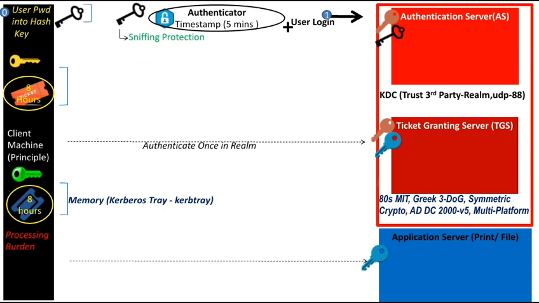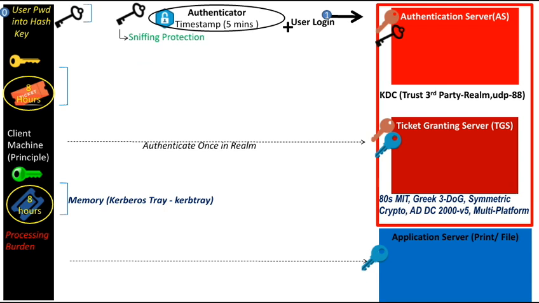Now this secret key helps to avoid the transfer of the password in clear text over the network. So the password of the user is not transmitted on the network in clear text, rather it is used only to encrypt the authenticator, and this encryption is also performed by the hash of the password, not the password itself.